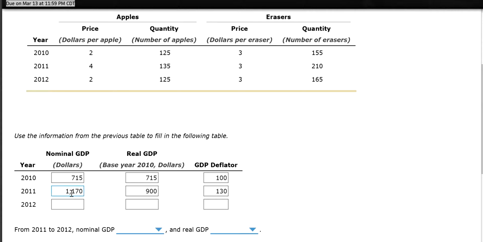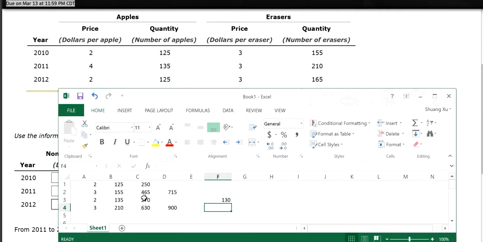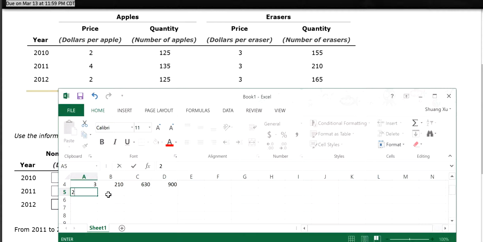Now, next one, 2012. So for 2012, our price is still $2. So $2 for price for apple. Quantity is 125. So back to 125.